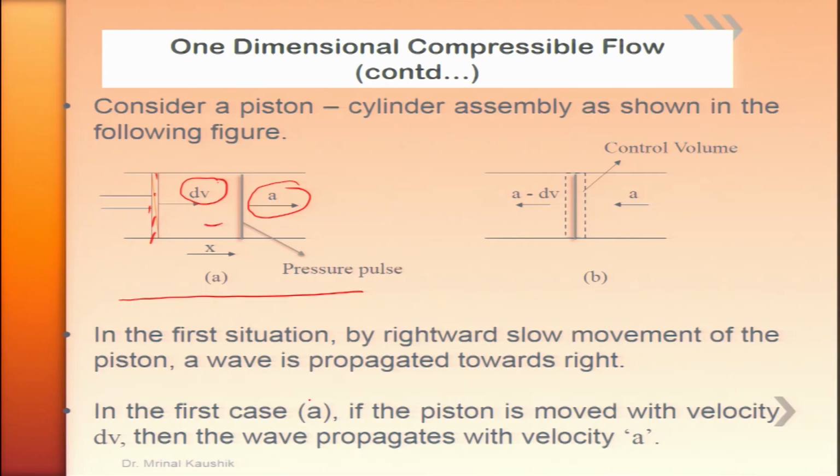Under this situation, if I am observing from outside this piston cylinder situation, then what I observe is that this wave front is traveling to the right side. However, the fluid medium here, where the wave has already passed, is compressed, whereas the fluid on this side is still motionless. To analyze better, let us reverse the situation.